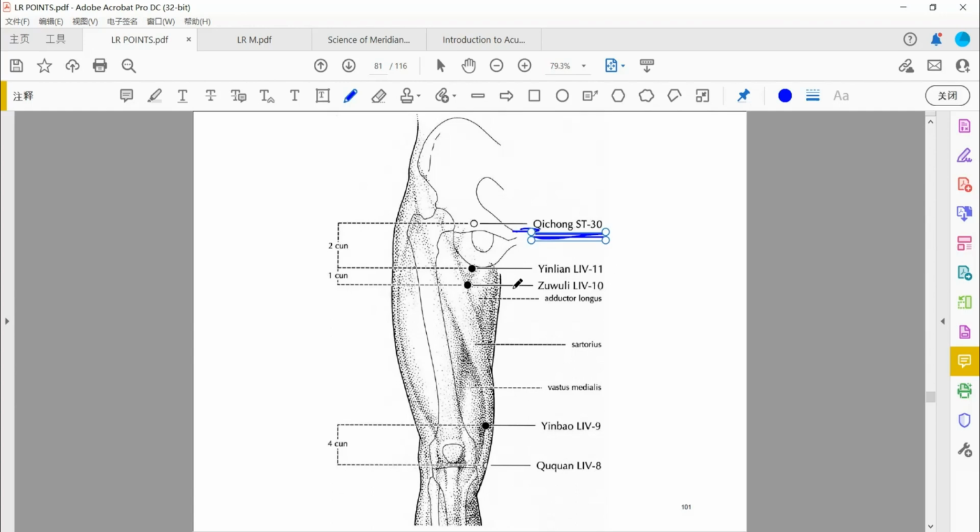That will be Liver 11. Goes down 3 cun, that will be Liver 10. Liver 10, Liver 11. And these two points are beside the adductor longus.